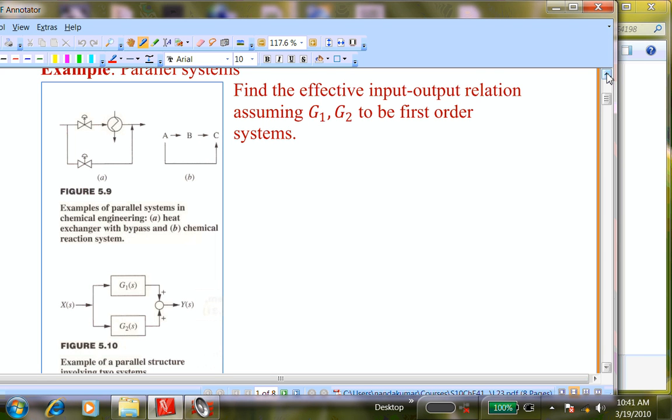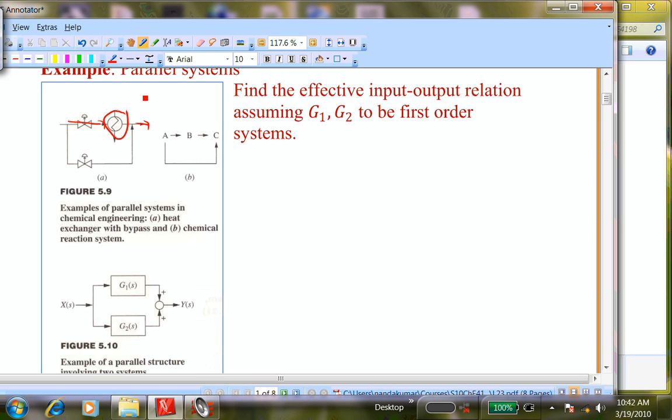So what you have here, there are a couple of examples where you might end up with 2 systems that are seeming to have a parallel interaction instead of a serial interaction. On the top left side, you see 2 valves. One is a bypass valve. You have a heat exchanger, and there is a main feed to the heat exchanger.